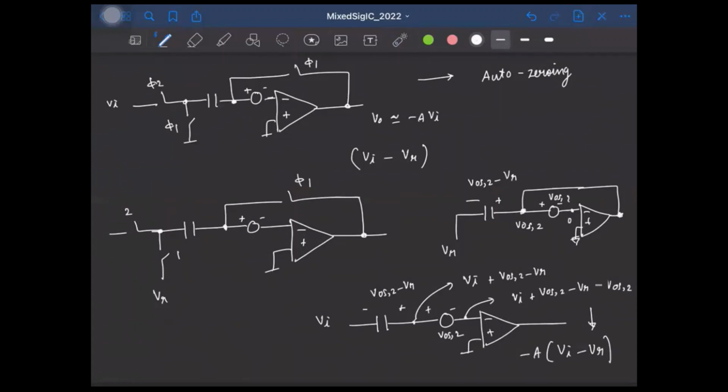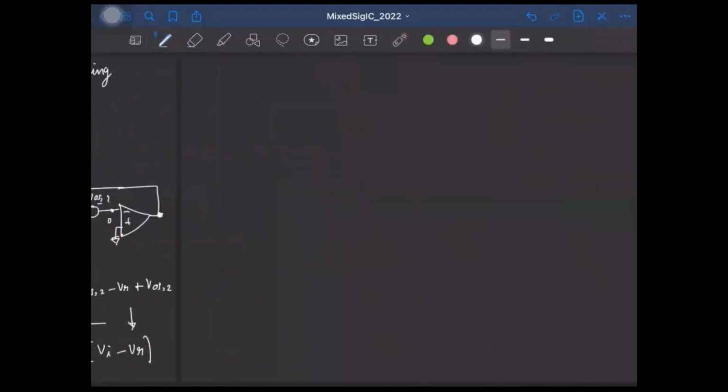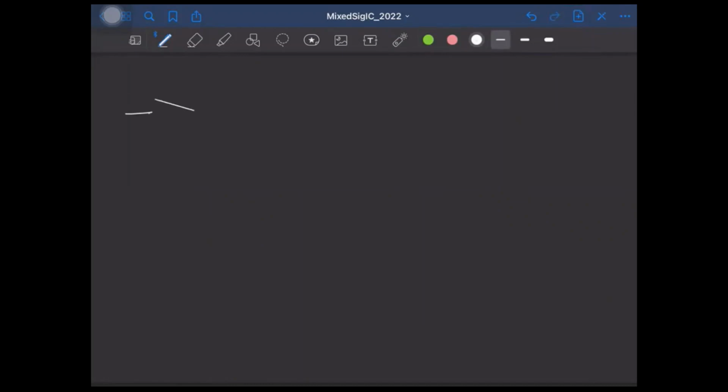Okay. Now, although we have seen it only for the single-ended circuit, we can simply convert it to a differential equivalent. So the differential implementation will look like this. In one case, we connect it to the positive reference.